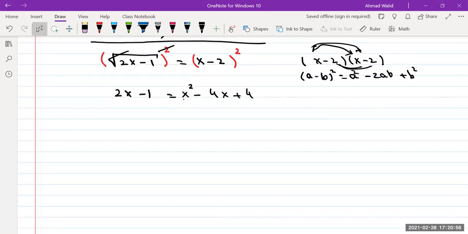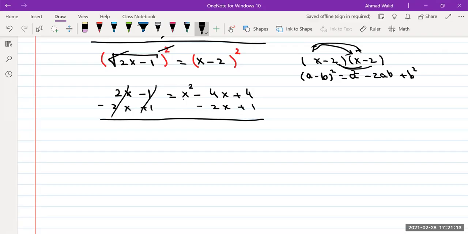Everything to one side. It doesn't matter which side, correct? Subtract 2x and add 1. Subtract 2x and what? Add 1. Make one side 0. 0 equals x squared minus 6x plus 5.